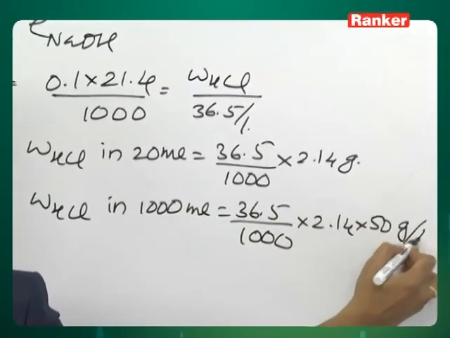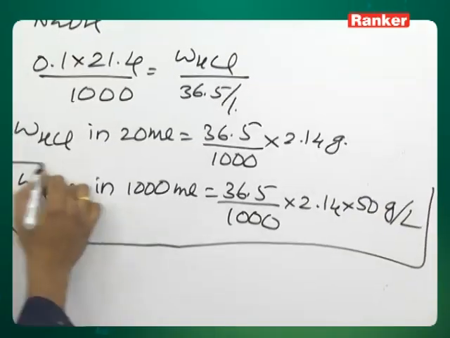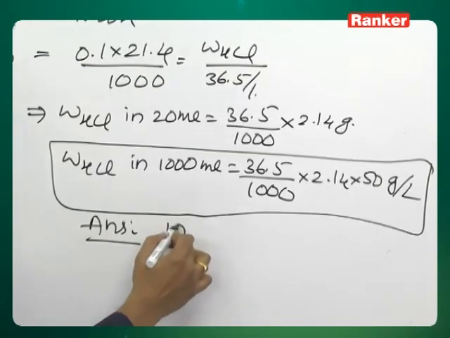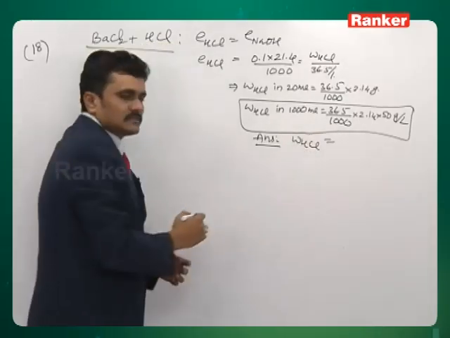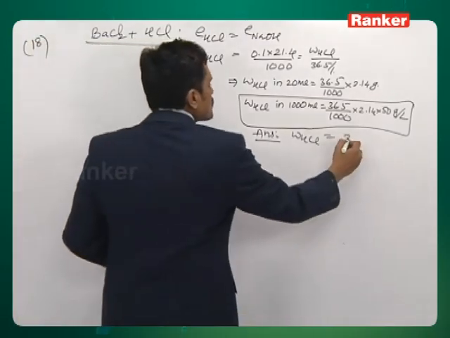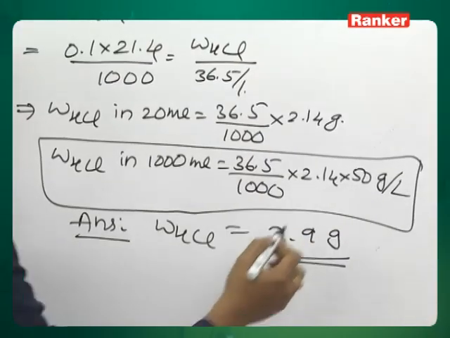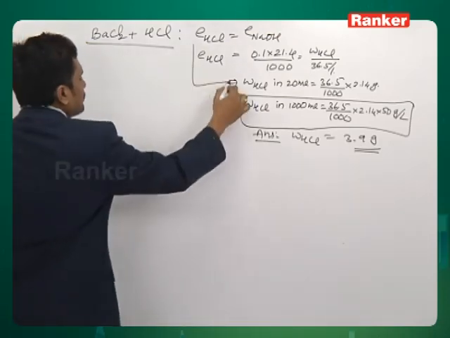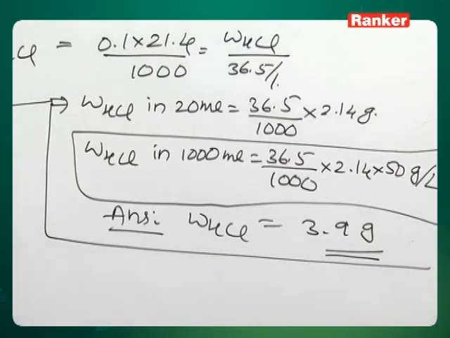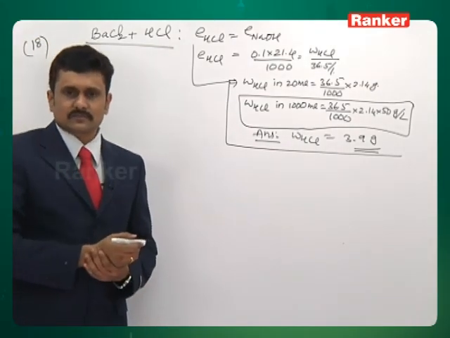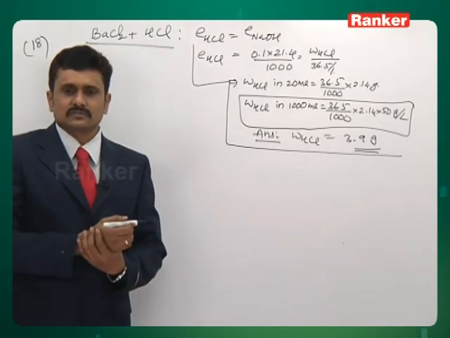Now this many grams per liter are present in the given solution, and the weight of HCl in this case is obtained as 3.9 gram. So this is one question which we needed to solve. Now this is one pertaining reaction. Now after knowing this, you know that you have once again taken 20 ml of this solution, to which was added Na2CO3.